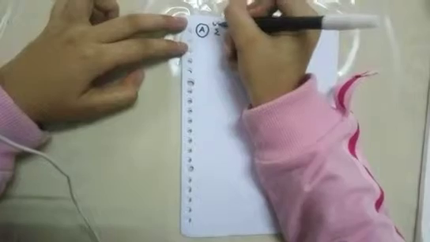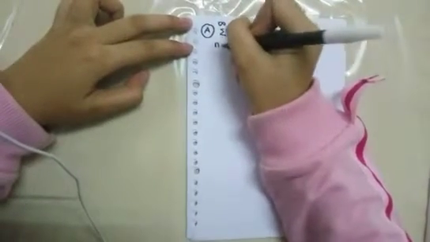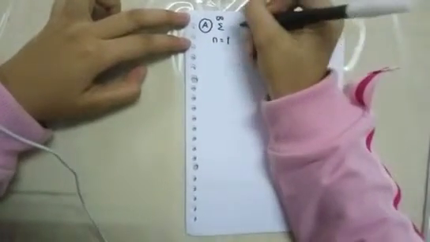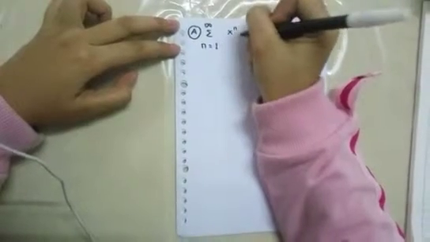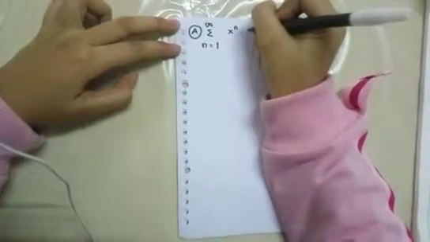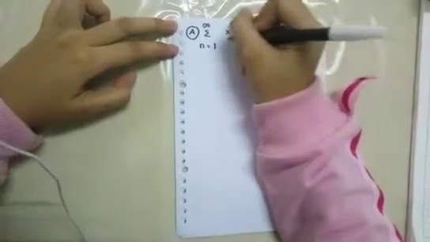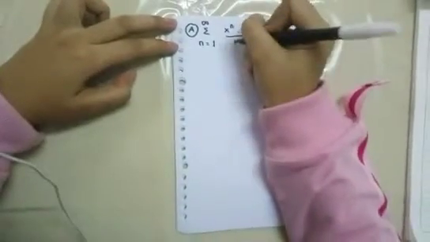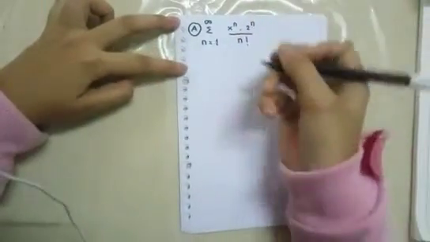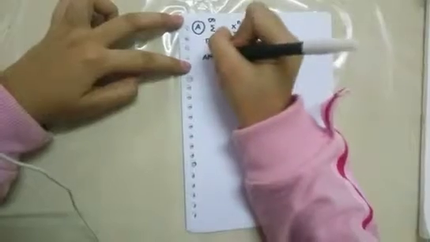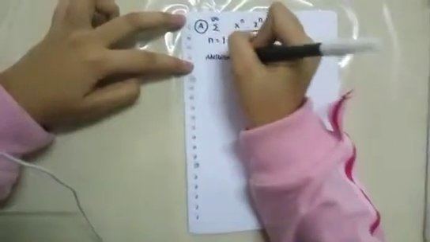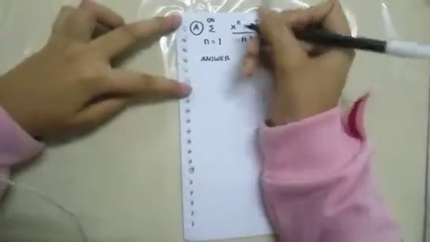Sum from n equals 1 to infinity of x to the n times 2 to the n divided by n factorial. Answer.